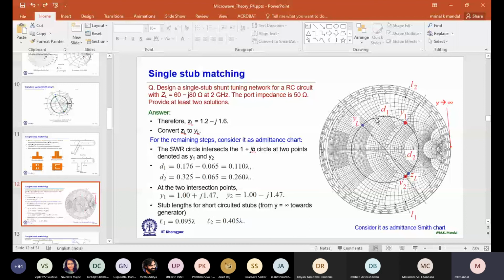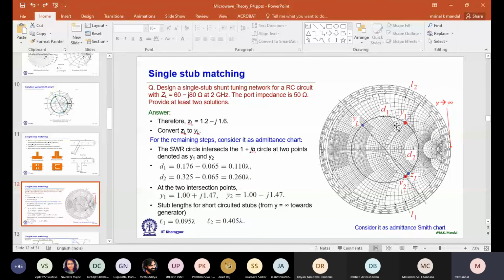Now from this, if I move towards the generator by a distance of d2, we reach this point y2, and here the susceptance part is different, right? And again the same thing, I need to add a shunt stub which is opposite but equal.